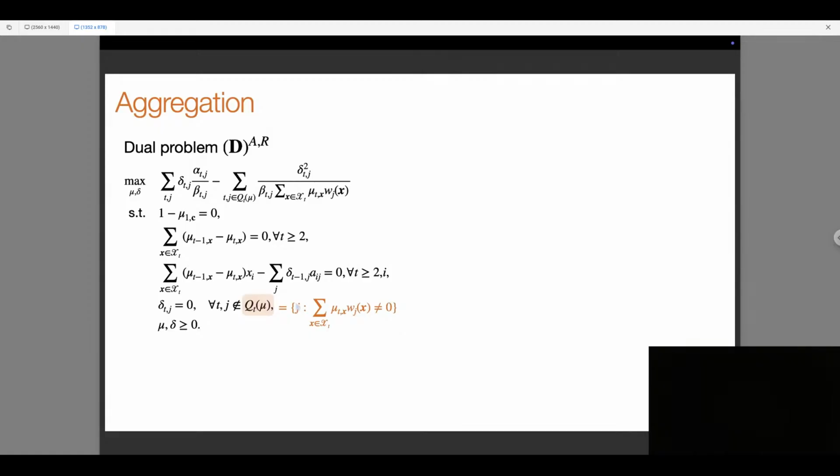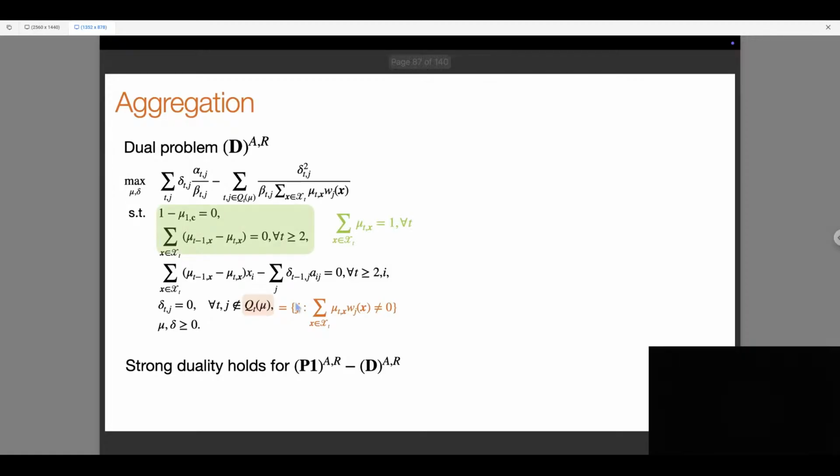Notice that although the primal problem has infinite constraints, the strong duality also holds for these two, P1AR and DAR.